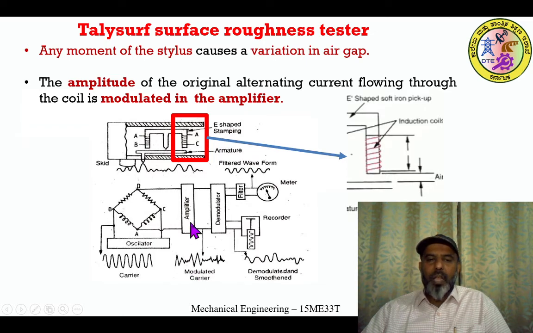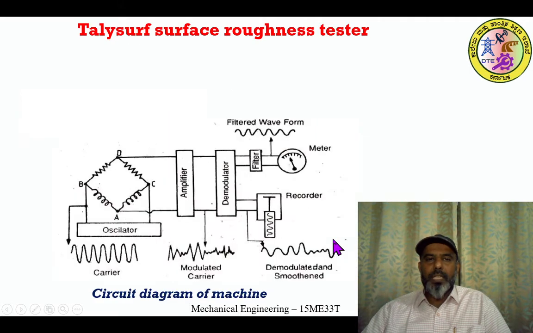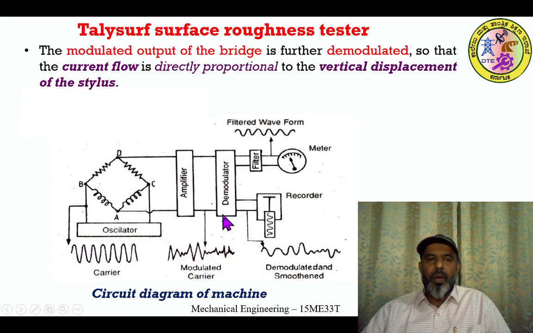This amplifier gives the modulated carrier, which is further passed into the demodulator. The modulated output of the amplifier is demodulated in the demodulator. The demodulator provides a demodulated and smoothened surface.